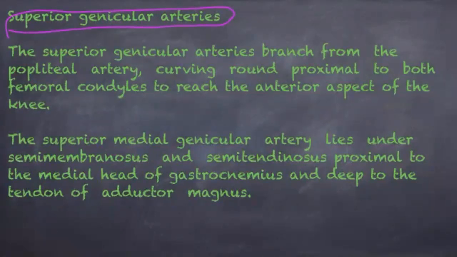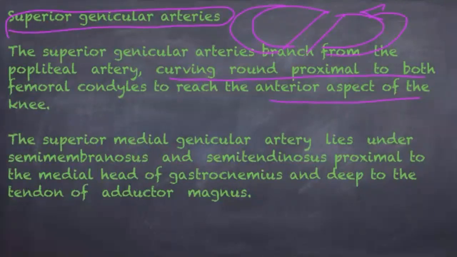We are running out of time. So from posterior to anterior, they curve round the medial and lateral femoral condyles, reach anteriorly and anastomose with other genicular arteries, right?